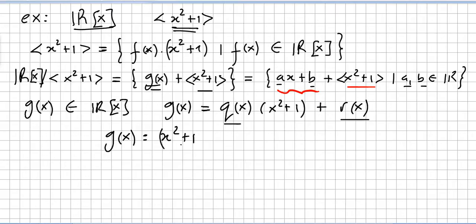When I perform this division, I will get q of x, and of course I will have a remainder, r of x. So g of x is q of x, the quotient, times the divisor, plus the remainder.